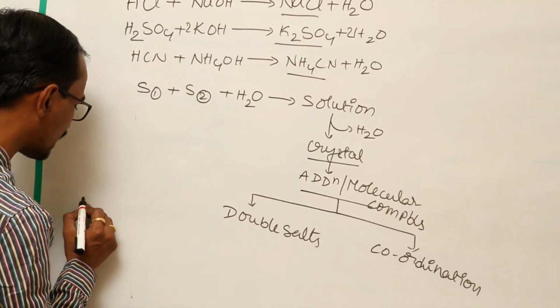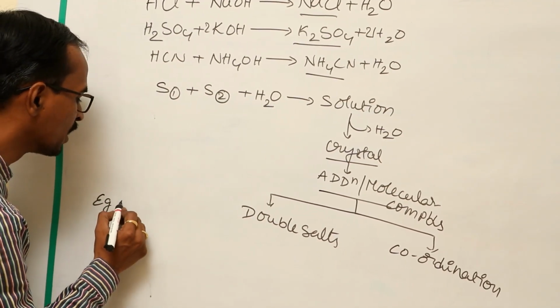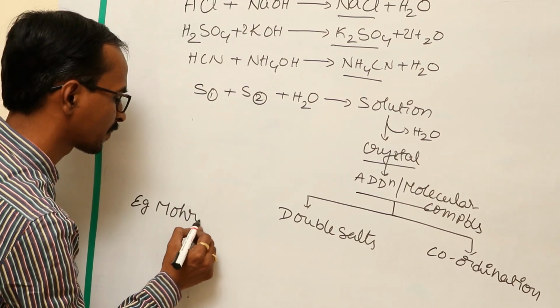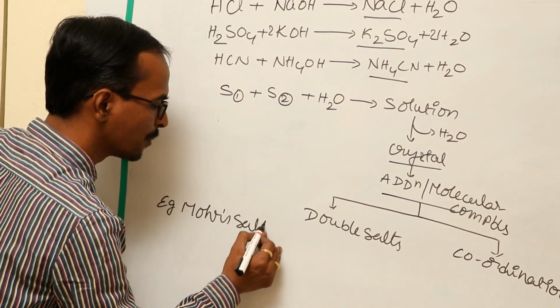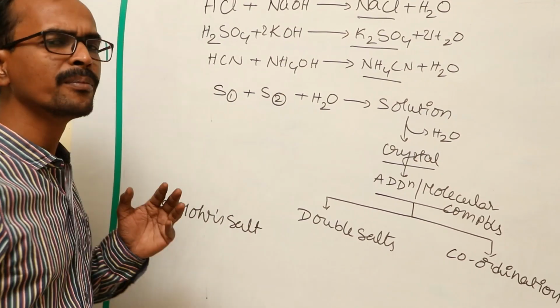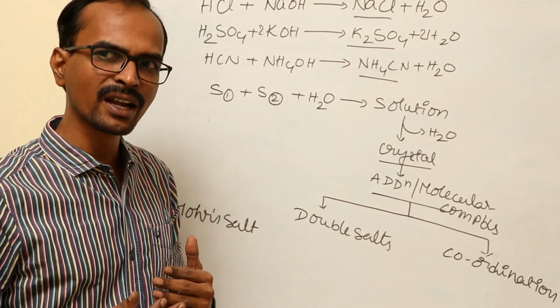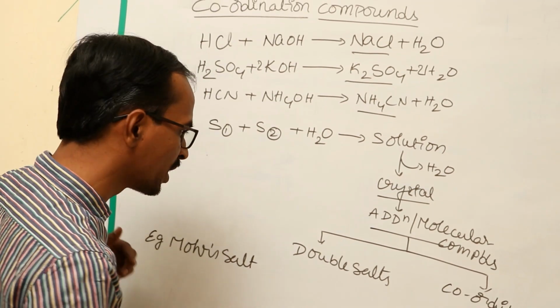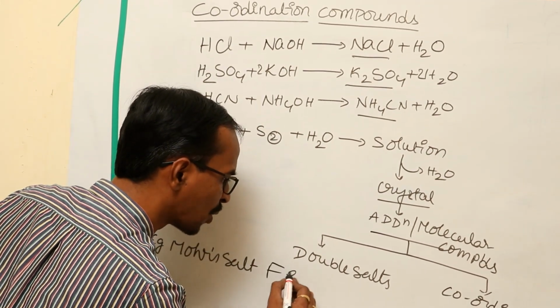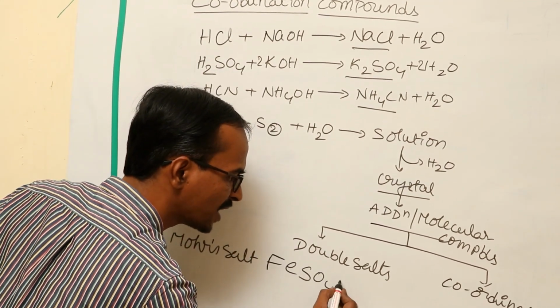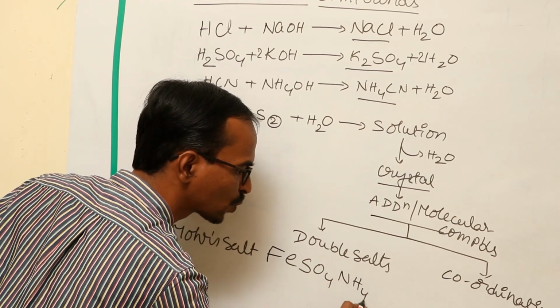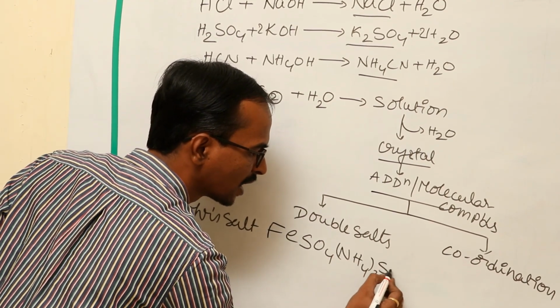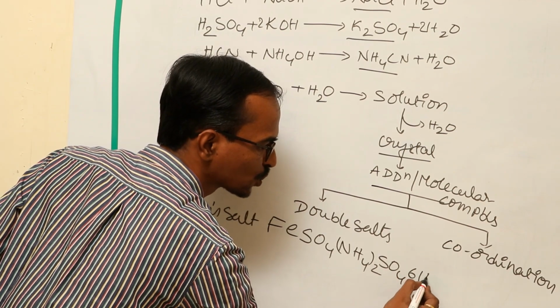As the first example for double salts, we can give Mohr's salt. Mohr's salt is formed by mixing ferrous sulfate and ammonium sulfate. Generally it is referred to as ferrous ammonium sulfate. Its molecular formula is FeSO4, (NH4)2SO4 and 6H2O.